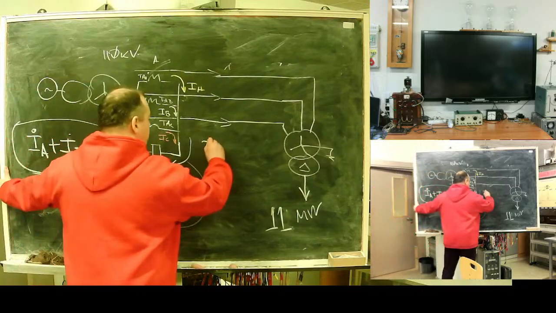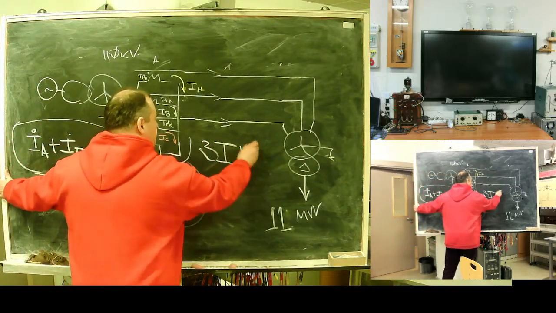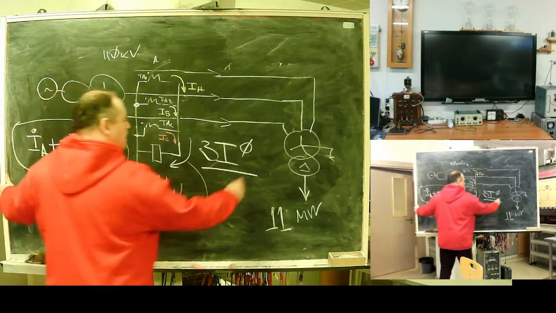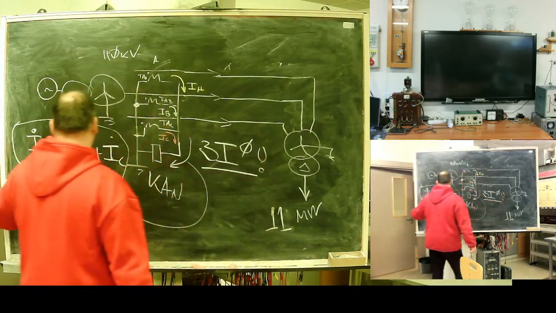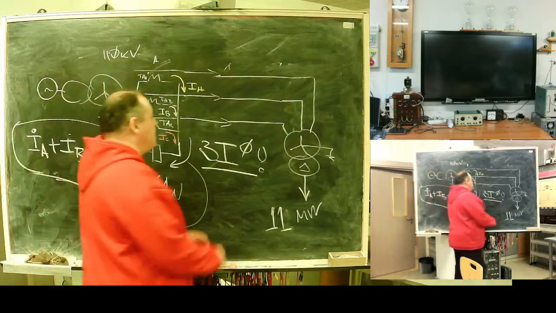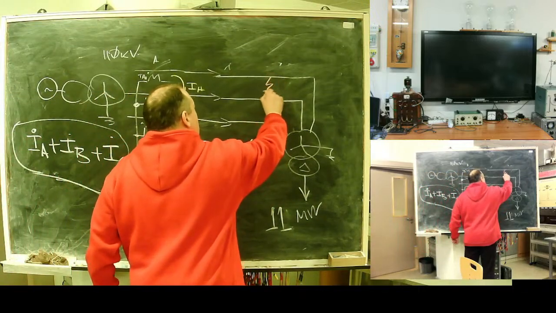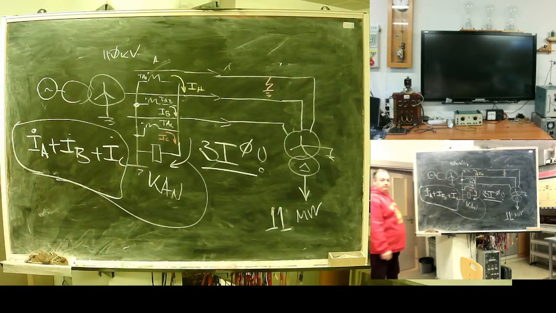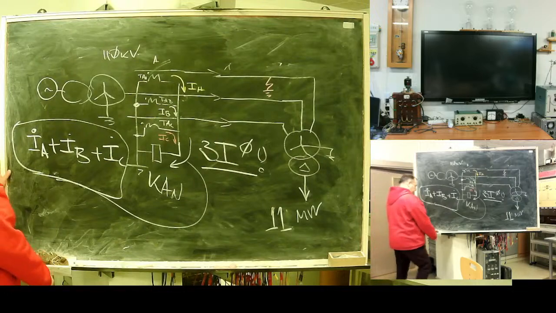Actually, here flows triple zero sequence current. In case of symmetrical regime, it will be zero. And in case of ground fault, it will be the full fault current.